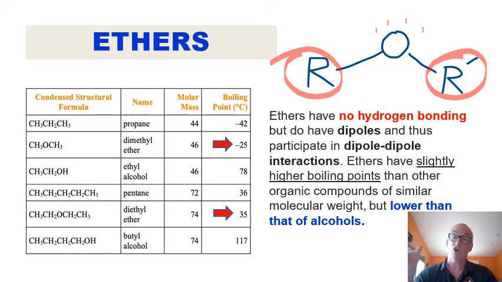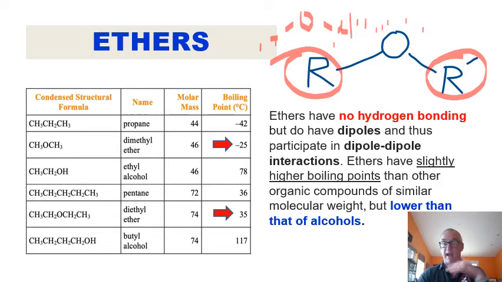So an ether could hydrogen bond with water, for instance, because water is a hydrogen bond donor. It could hydrogen bond with that hydrogen there, but ethers can't hydrogen bond with each other. They do have a dipole, not a particularly strong dipole, but they do have a dipole. So they will have a higher boiling point than other molecules.